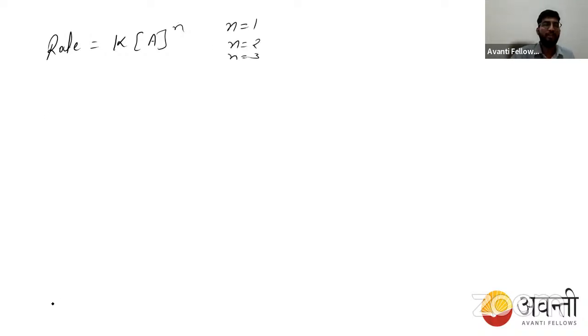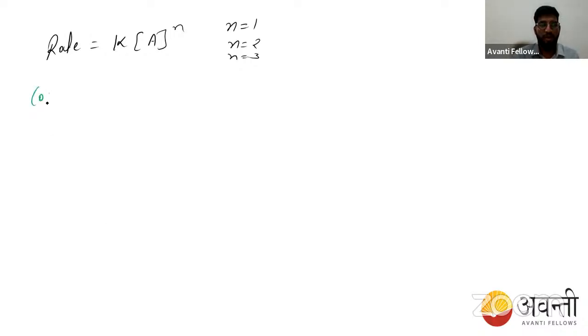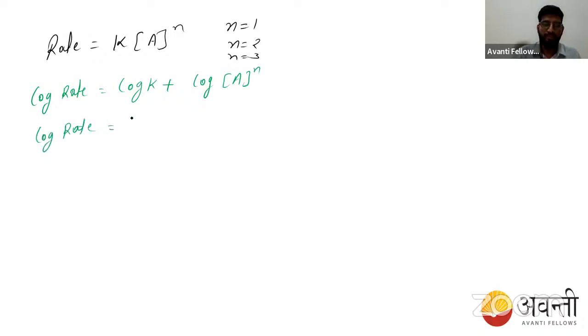If I put a logarithm on both sides, I will get log rate of the reaction is equal to log K plus log A to the power N. So log rate is equal to log K plus N log A. This is the equation.